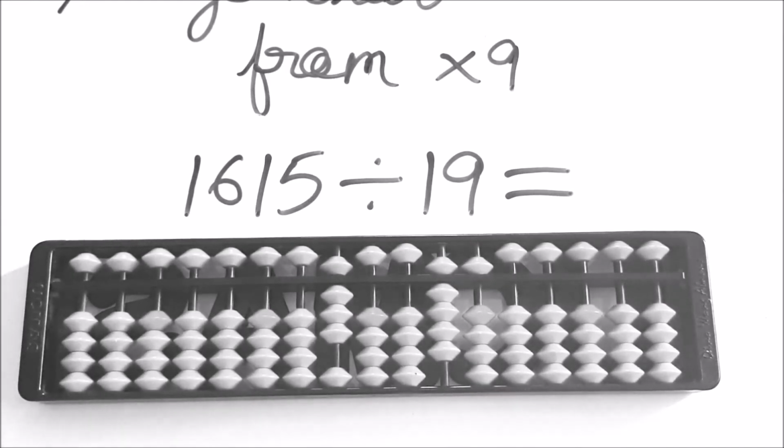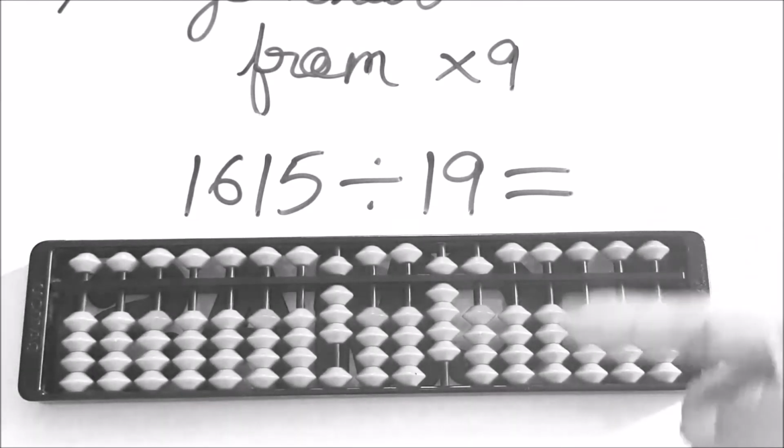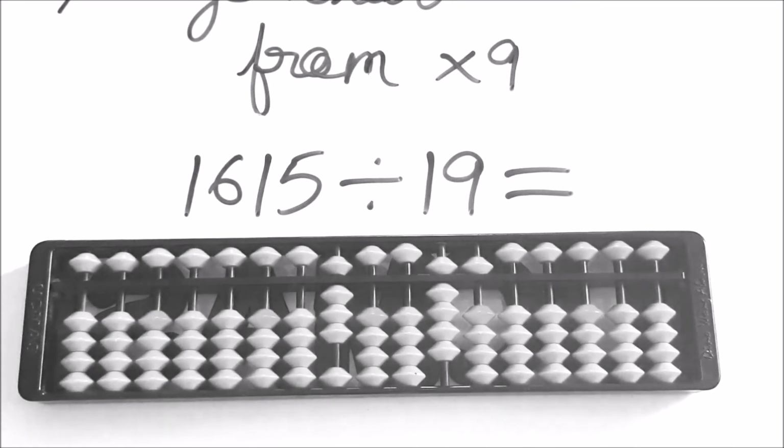So till 8 we have multiplied already. Now we'll take 19 sevens. 19 into 7 is 133. So we cannot subtract 133 from 95. So we reduce the number to 6. So 19 6s again it is 114. We cannot subtract 114 also.